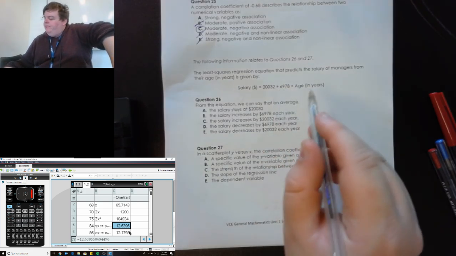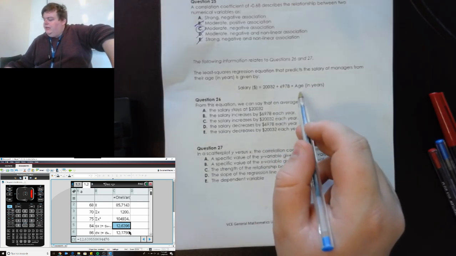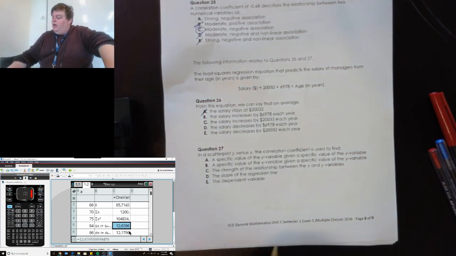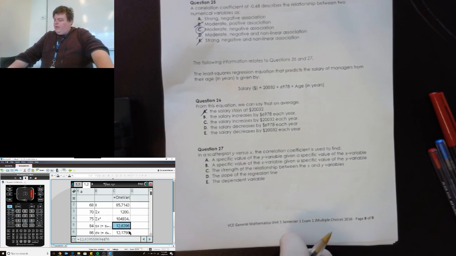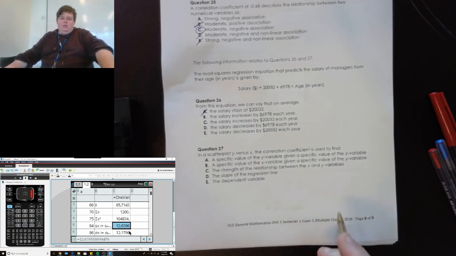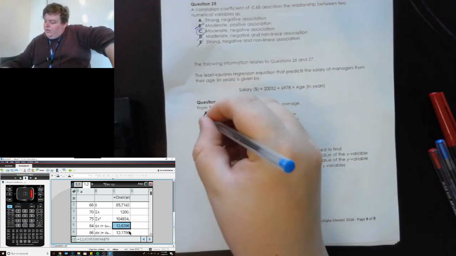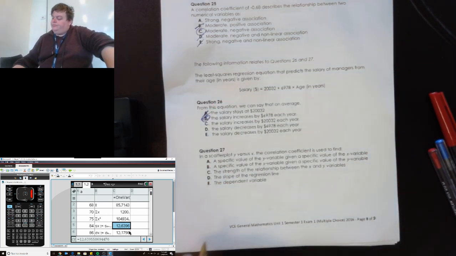Well, that's not true, because when there's an increase in age, that value is going to go up by a bit. So it's not A. Salary increases by 6,978 each year. Well, it makes sense, because if you go up an age each year, I'm pretty happy with that one. So I should probably circle that.